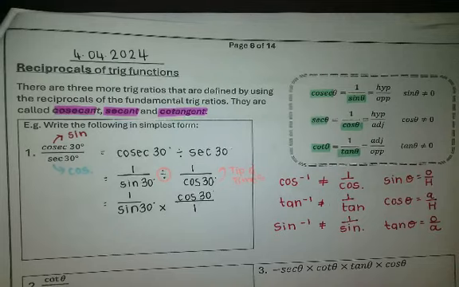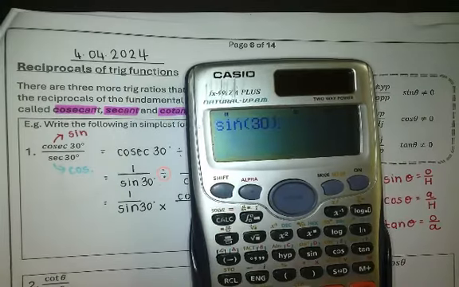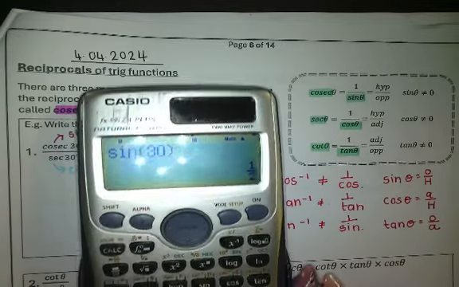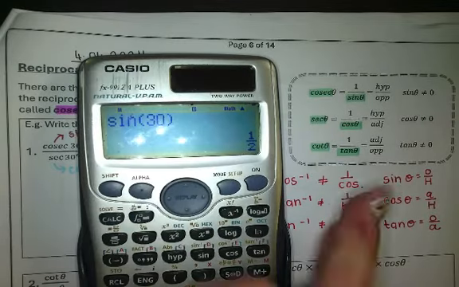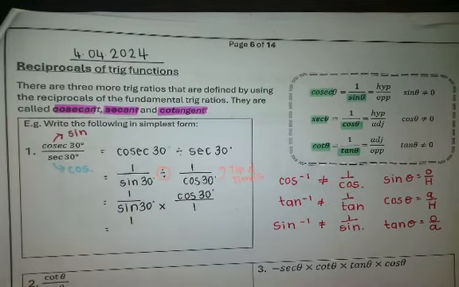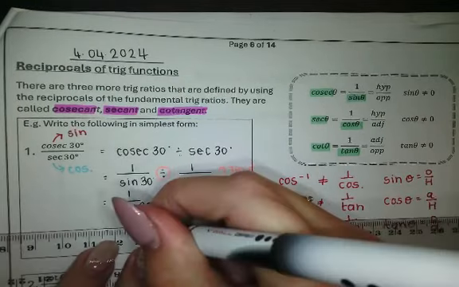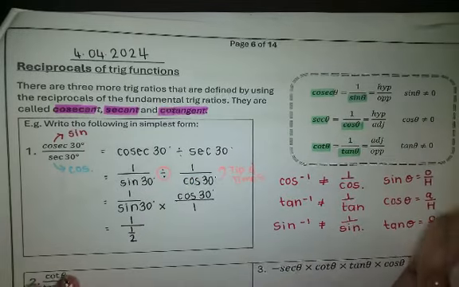Okay, now we put it into our calculator. What is the value for sin 30? Okay, sin 30 is a half. Are you with me? So this is going to be 1 divided by a half.